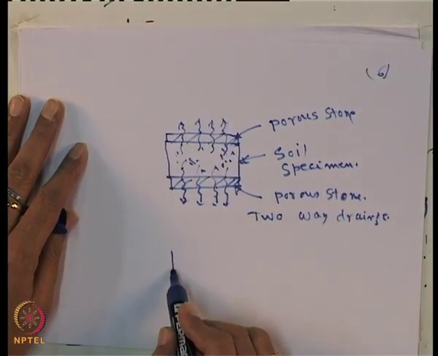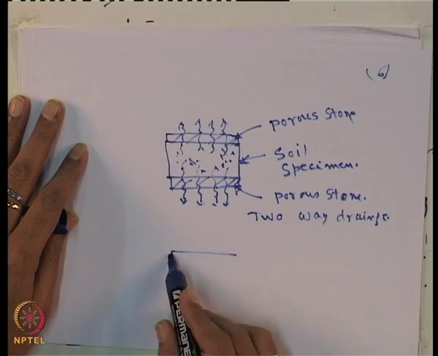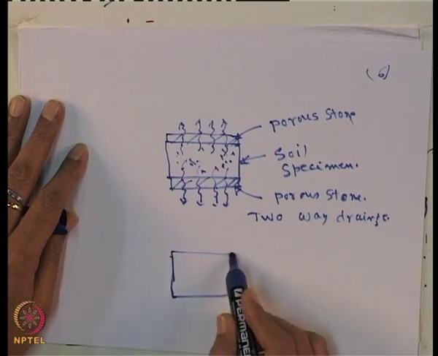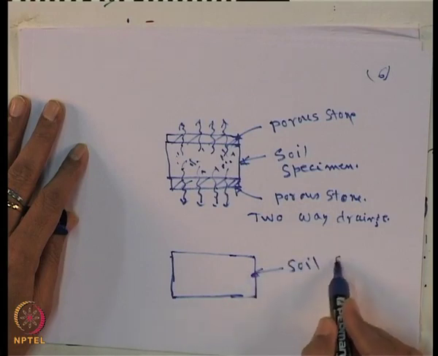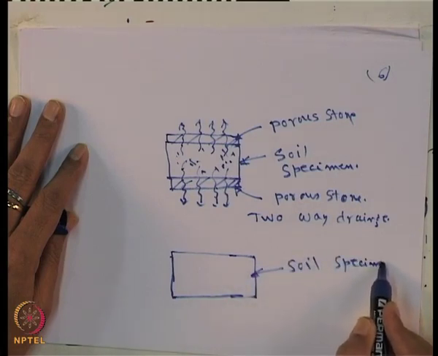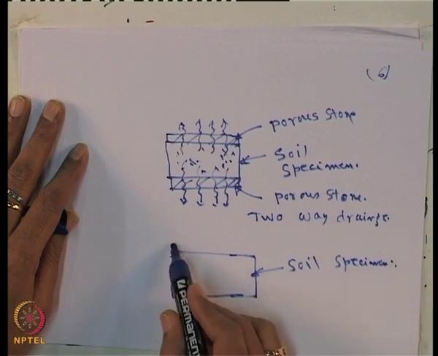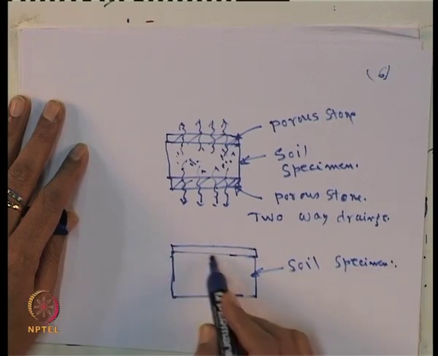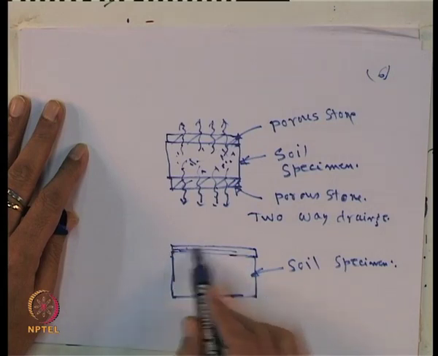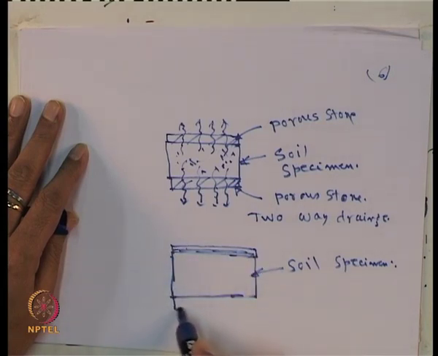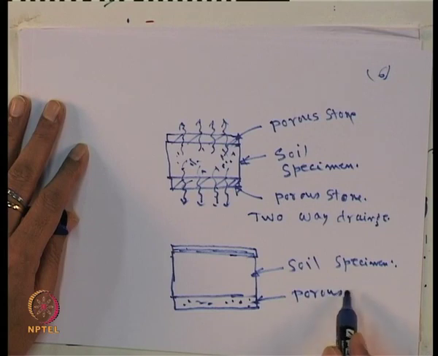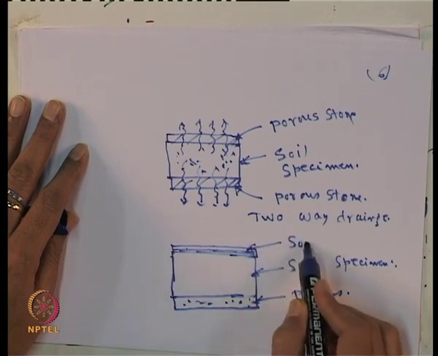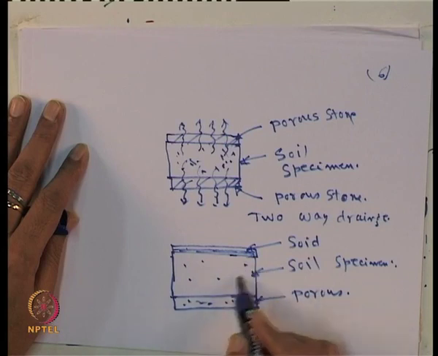And if this is the soil specimen, and you keep a solid plate on top and the bottom as a porous material, so this is the porous, but this is the solid and this is the sample.